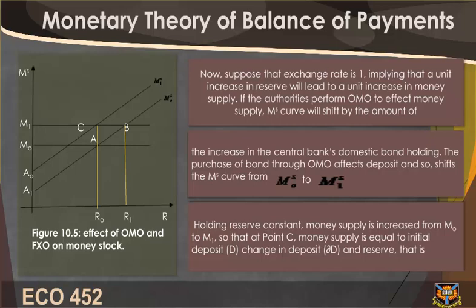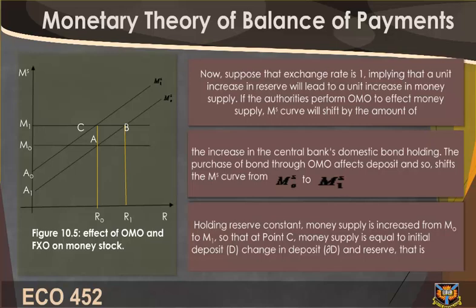in money supply. If the authorities perform OMO to affect money supply, the MS curve will shift by the amount of the increase in the central bank's domestic bond holding. The purchase of bond through OMO affects deposit and so shifts the MS curve. Holding reserve constant, money supply is increased from M0 to M1, so that at point C, money supply is equal to initial deposit D, change in deposit, delta D, and reserve.